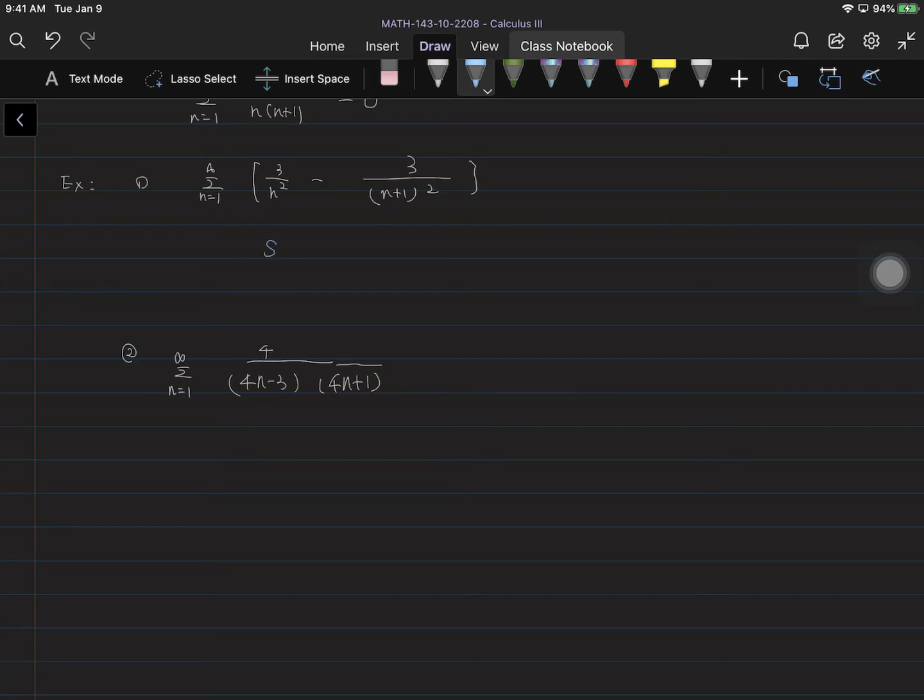The first one, Sn: 3 minus 3 over 2 squared, and then plus the next term, 3 over 2 squared minus 3 over 3 squared. You don't need to simplify. We just want to write out the first several terms and then the nth term.